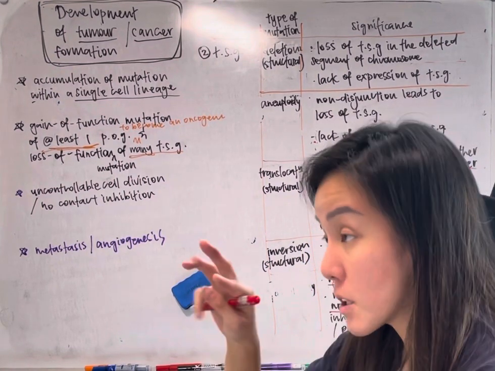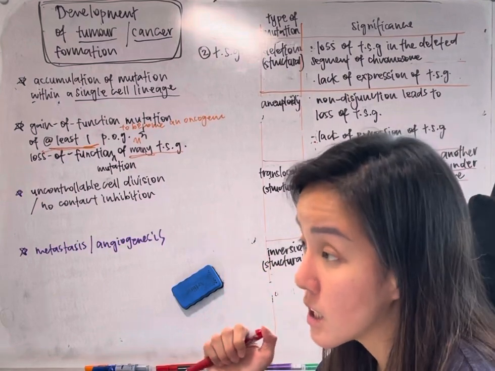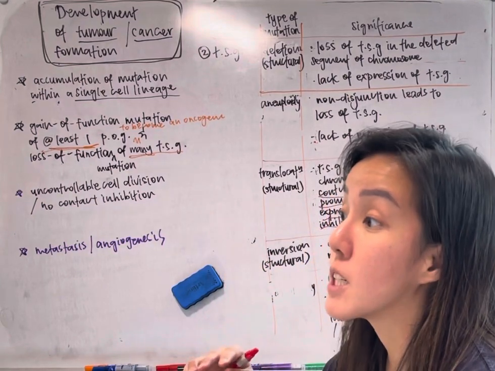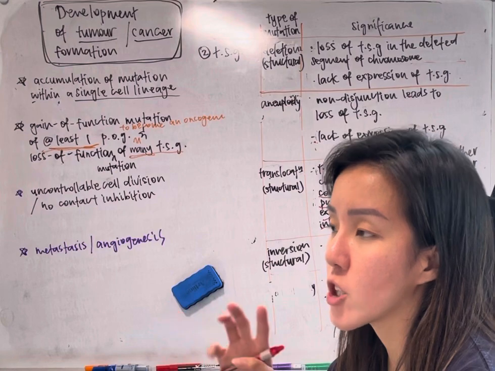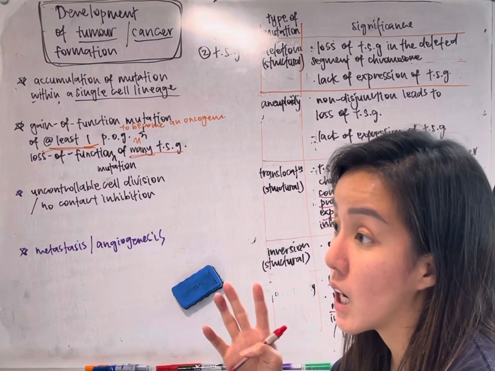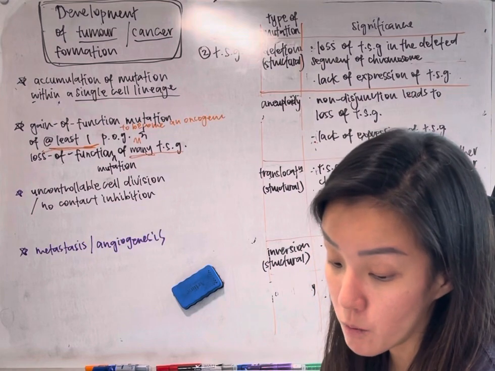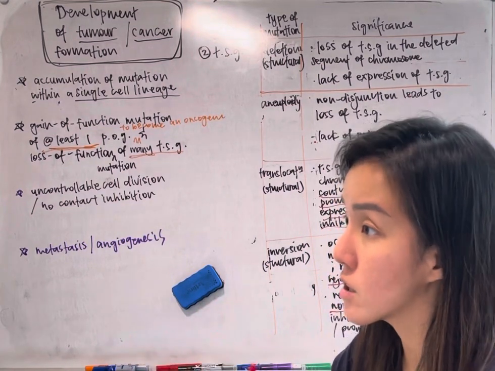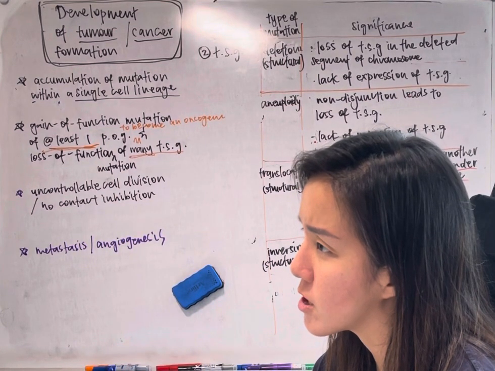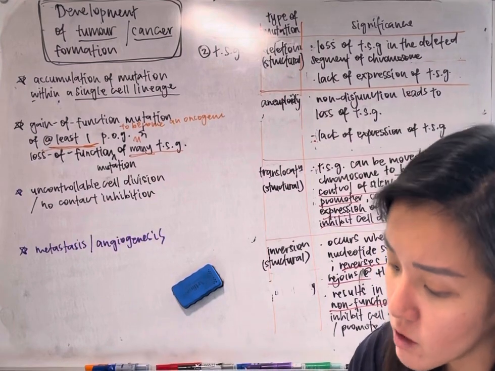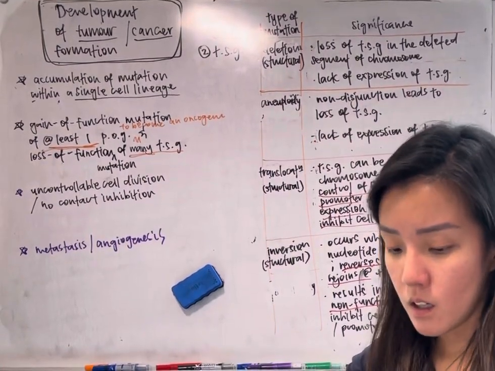The perspective is very different. So accumulation of many gene mutations within a single cell lineage is by chance or rare, and that's why it may not lead to cancer. Rather than the way you phrased it, prevent apoptosis so you will not cause the accumulation of mutation. That's a different thing, so I will not accept.